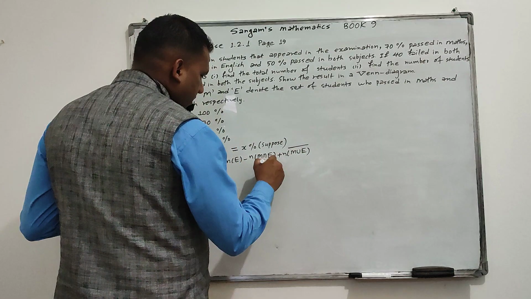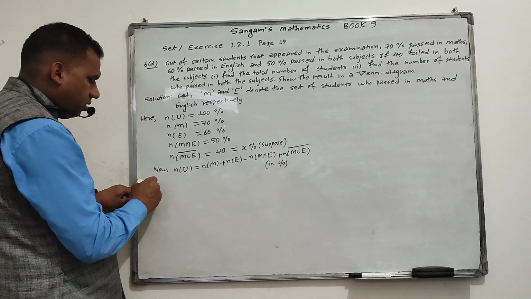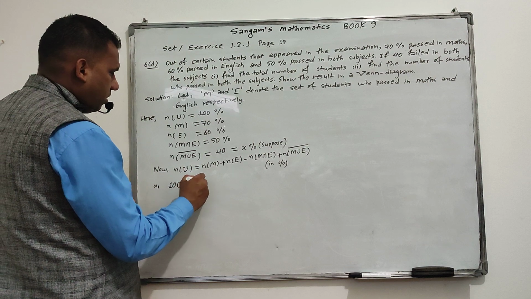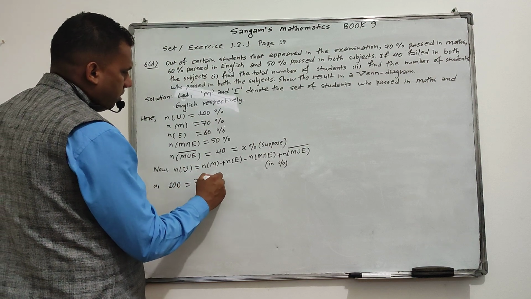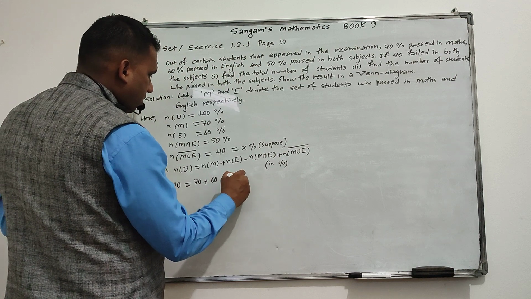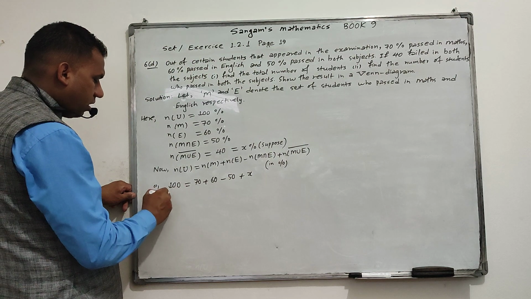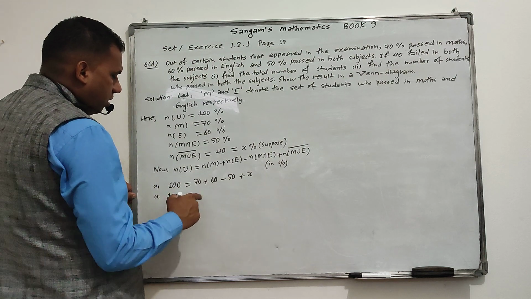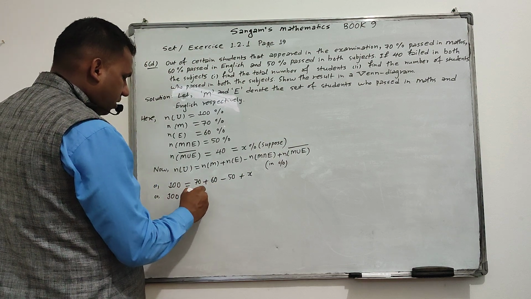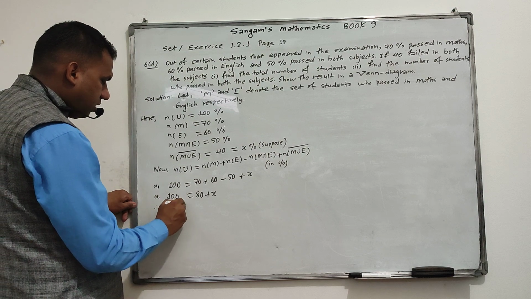This is all data in percentage: number of U is 100, number of M is 70, number of E is 60, intersection data 50%, plus complement in percent, that is X. Or 100 equals 70 plus 60 minus 50, that is 10 plus 70 is 80, 80 plus X, therefore X equals 20%.